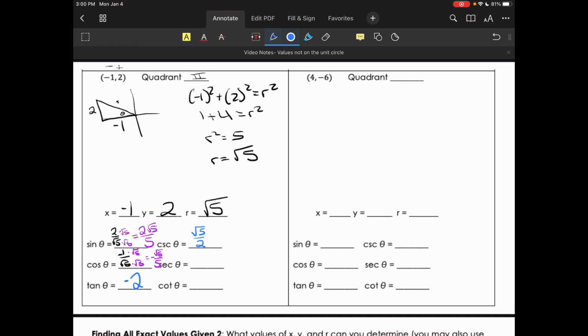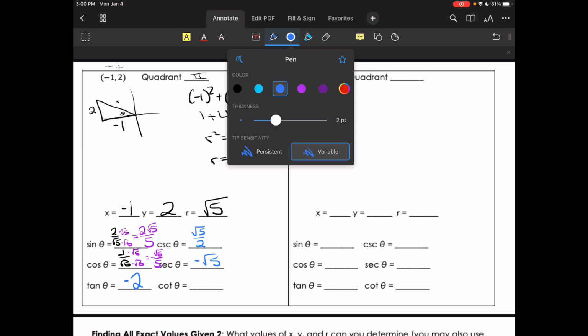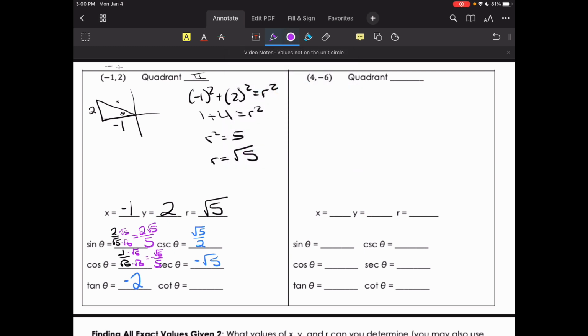Again, for secant, looking at the cosine before I rationalized, I have negative 1 over the square root of 5. So flipping that fraction, I would have the square root of 5 over negative 1, which would just be negative square root of 5. And then negative 2 over 1 would become negative 1 over 2. All right.